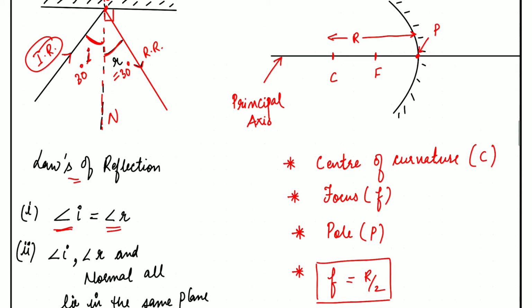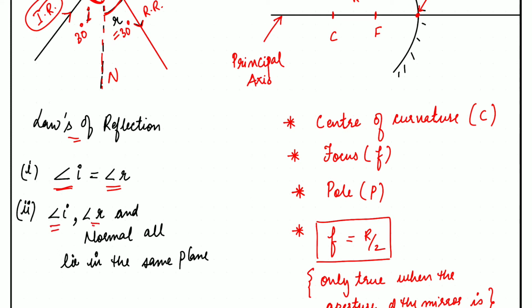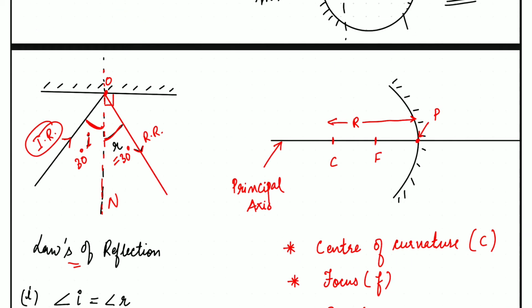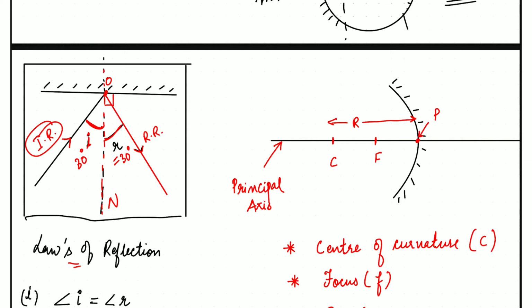Okay, the next law is that your incident ray, reflected ray, and normal all lie in the same plane. I have written angle here, it is wrong. Let me correct that: incident ray, reflected ray, and normal all lie in the same plane. So if I take it as a plane, they are all in the same plane.